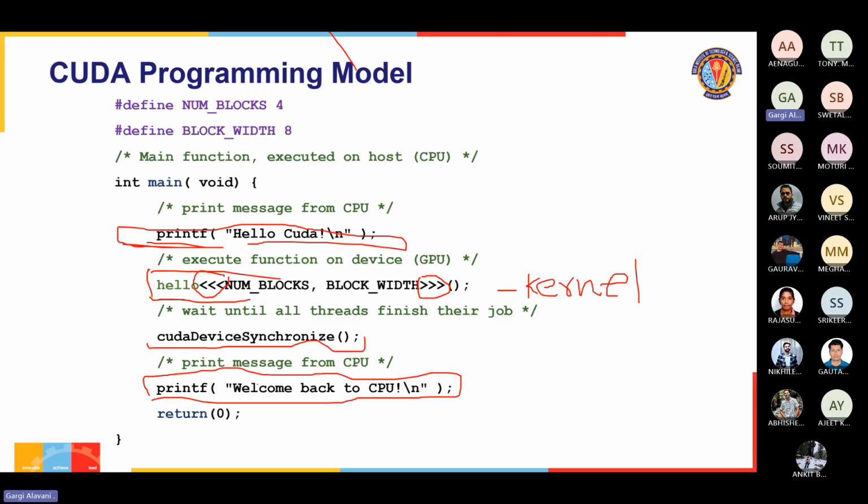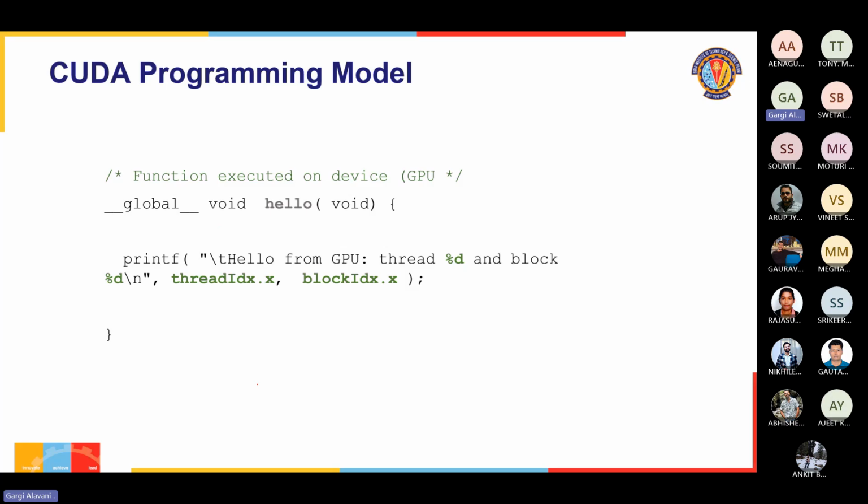Now, the kernel function is defined using this global keyword. This keyword in your .cu file will tell you that this function is to be executed on the GPU.